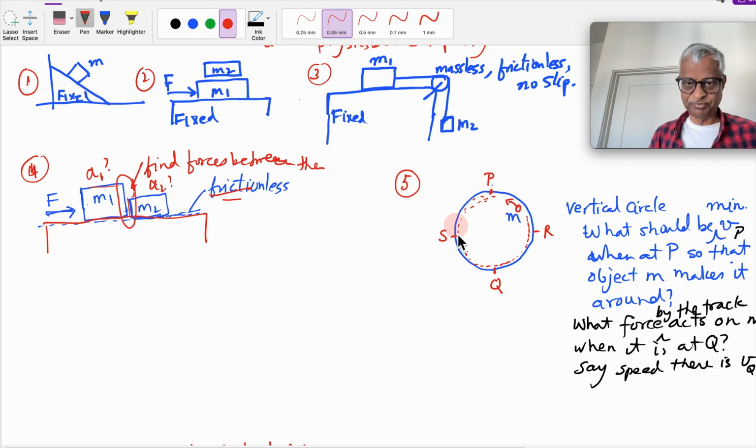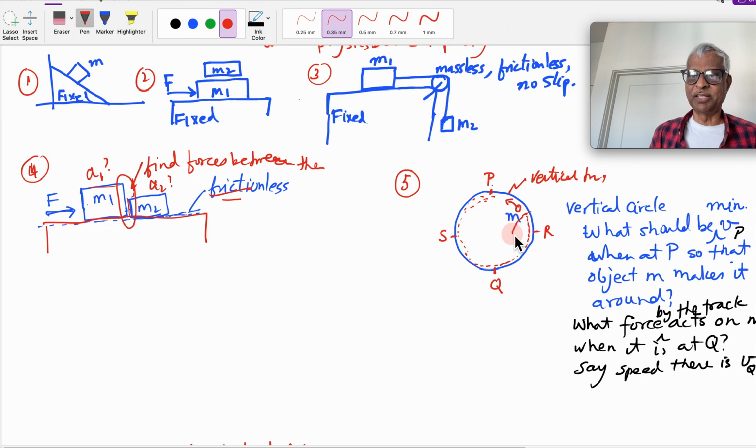Another one is a vertical track. And maybe this is a toy car going around. Going around. And we want to play with this kind of toys. You know that if the speed is not good enough, it's not going to make it. It's going to just fall off.